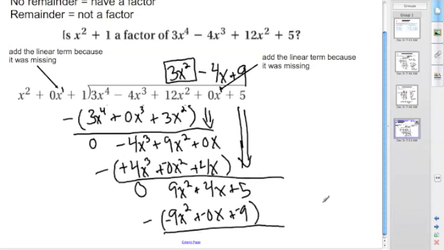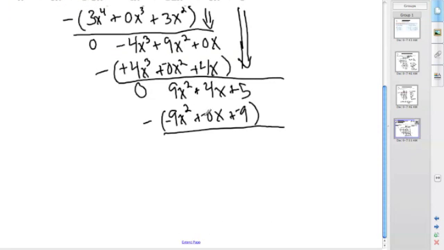So next, 9x squared minus 9x squared is going to be 0. We have 4x minus 0 is, again, 4x. And 5 minus 9 is negative 4.